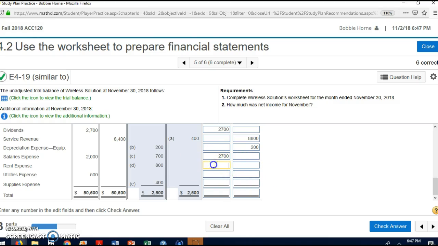Rent expense is 800, and then depreciation expense, I just noticed I put on the wrong side. Utility expense is 500, and supplies expense is 400. Okay, and when you add those up, it should be 51,800.